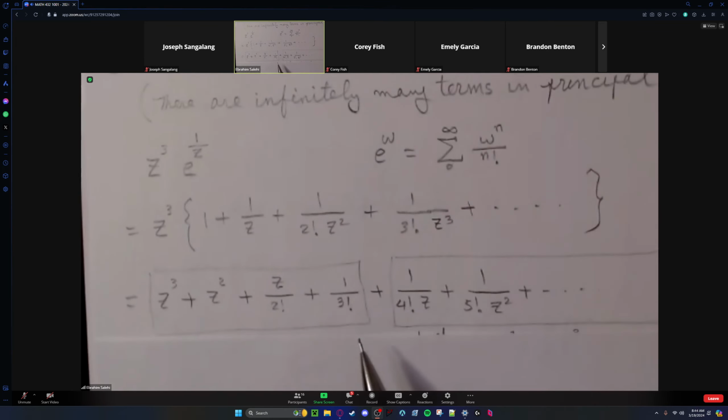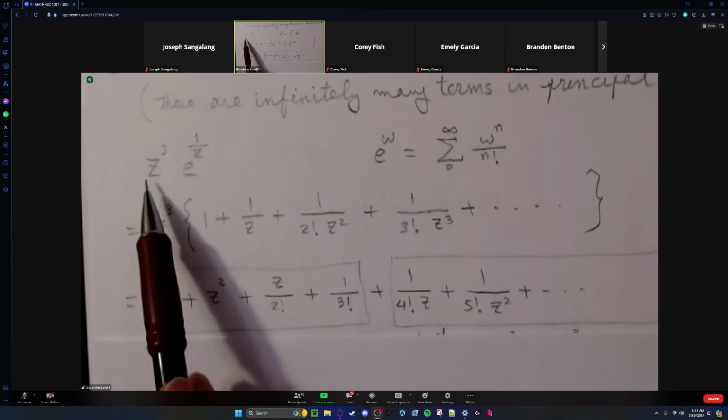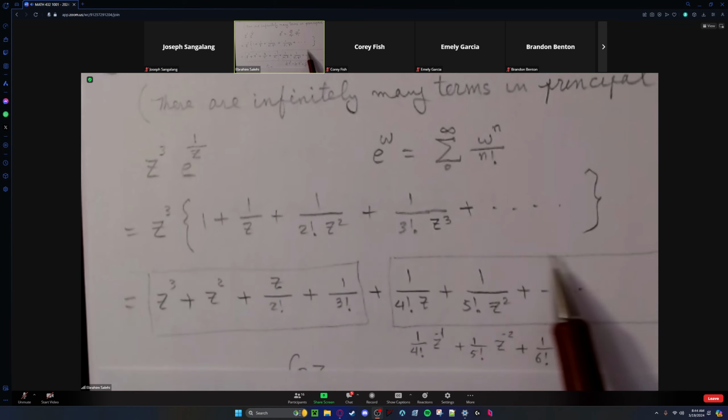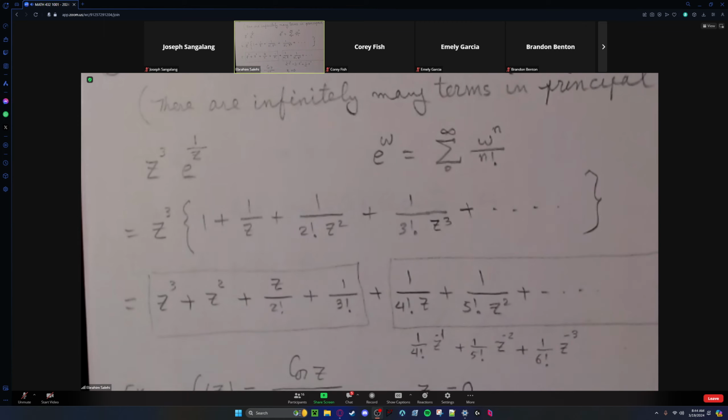An example is right here. If we write the Laurent expansion, you get this one, all right? So this is the principal part where all the z's are in denominator. How many terms do we have? Infinitely many. So this is when we call essential singularity.